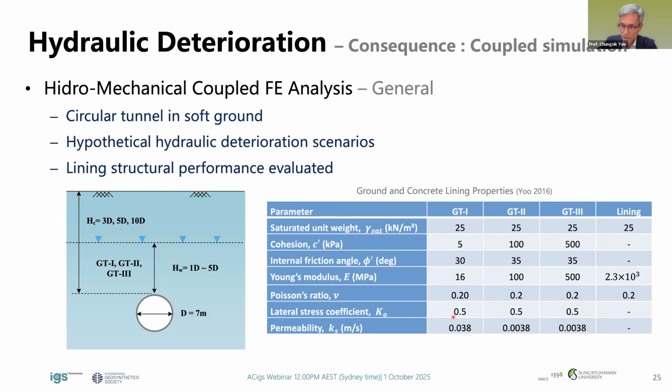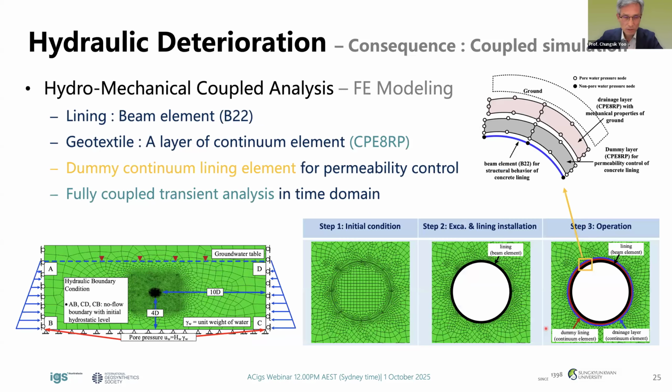A 7-meter diameter tunnel was considered, and a range of hydraulic deterioration cases were considered, okay, to see the effects of hydraulic deterioration scenarios on the structural performance of the concrete lining. So these are the ground type 1, type 2, type 3, and lining, as you can see. I'm not going to go into detail about the modeling.